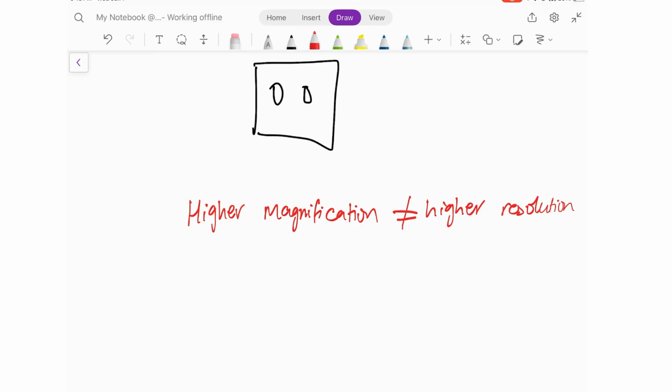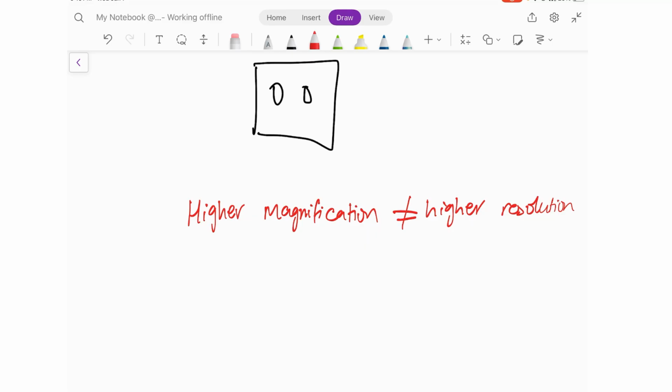However, you can think of resolution as a limitation of magnification. So no matter how much you zoom into an image, or however much you enlarge the image, it's not guaranteed that the clarity or the resolution would be good.